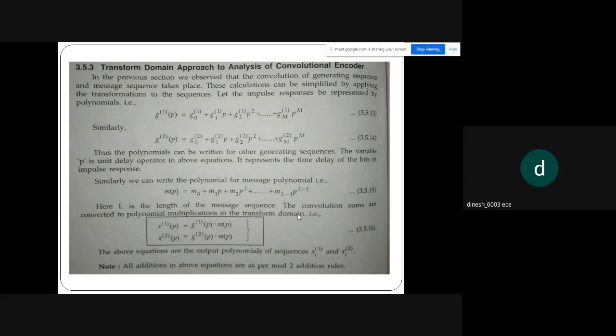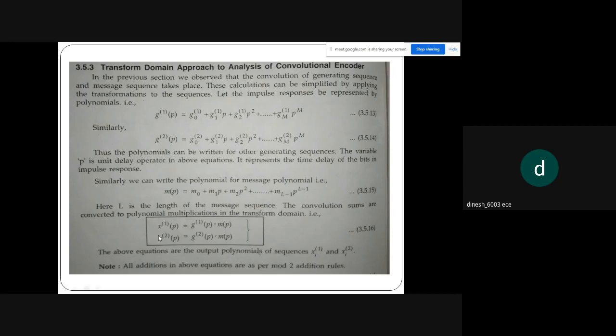So though you did not understand, for example, if you didn't understand the time domain, try to understand the transform domain, because in this transform domain the same concept as your time domain applies. Here in transform domain, we'll be doing it with polynomials, there without polynomials. So that's all. That is the difference.